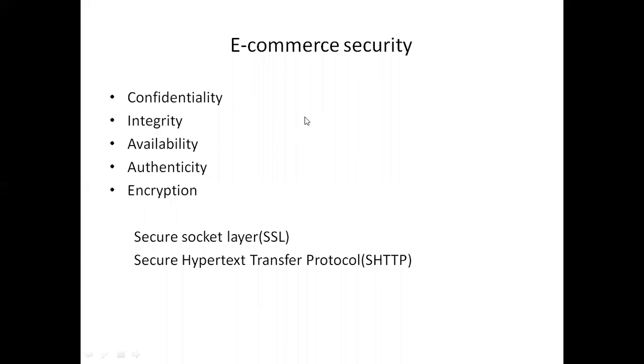Hash function MD5 and all algorithms have their own benefits and their own cons. So we need to know what type of encryption algorithm will be best for our e-commerce site.